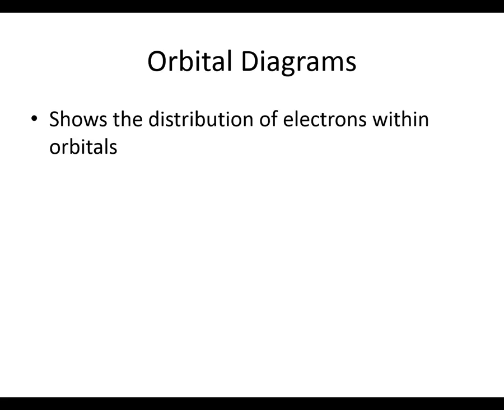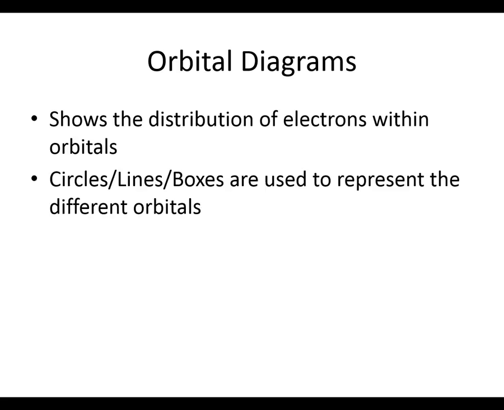And that means we have to have something that represents our orbitals. Depending on what book you read, what website you go to, we can see different versions of orbital diagrams. They all tell the same information, they just look a little different. So sometimes you'll see circles, sometimes you'll see lines, sometimes you'll see boxes to represent orbitals.